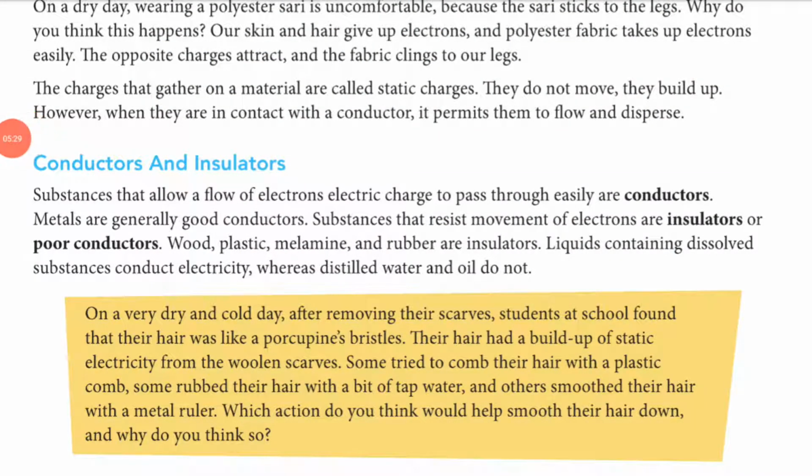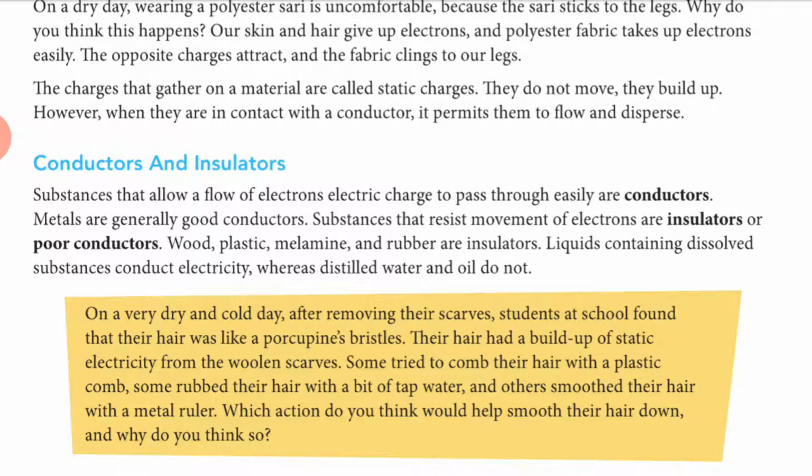Now guys, let's discuss conductor and insulator. So what is the meaning of conductor? A conductor means a substance which allows electrons to pass through it easily. As for example, copper wire, metals, all the metals mostly are conductors, right?